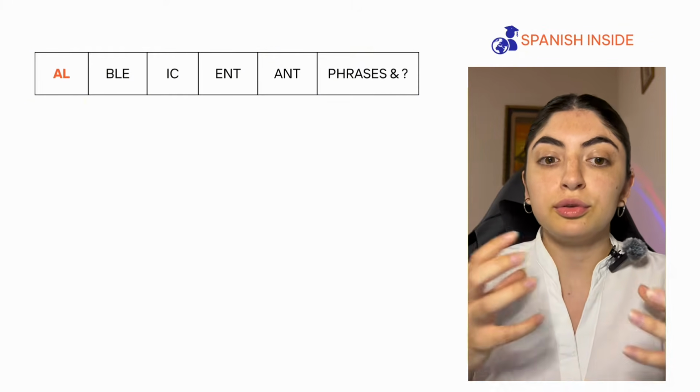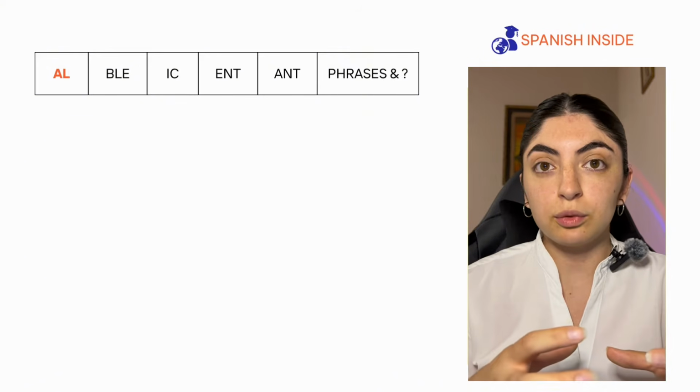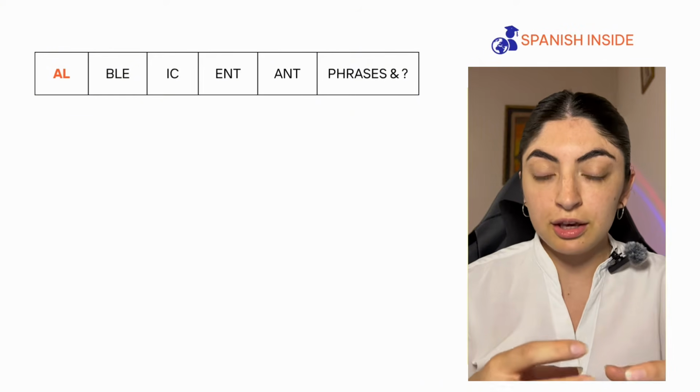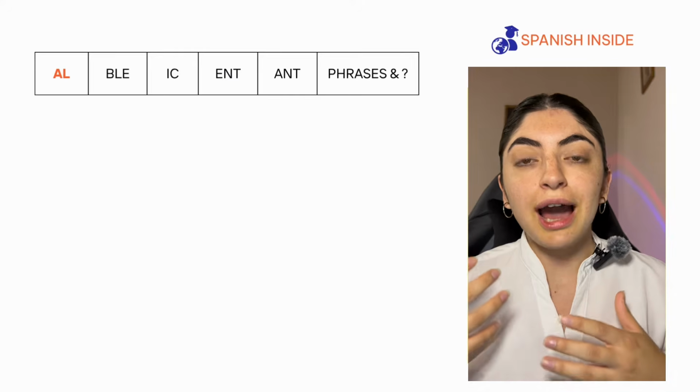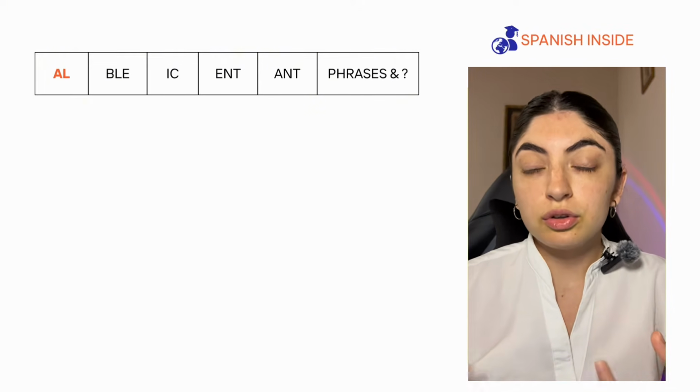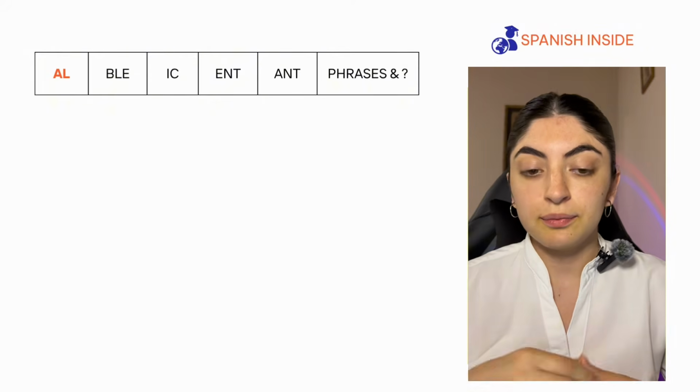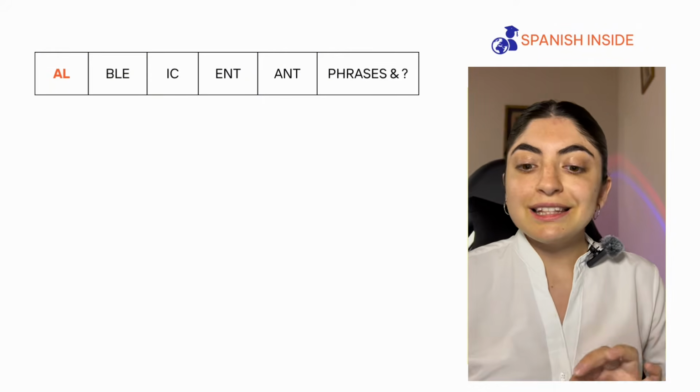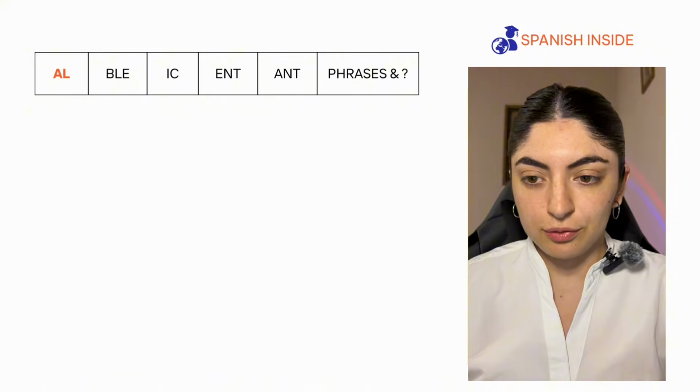And we're going to use these words that we will learn today to learn how to create phrases in Spanish and also, why not, questions. Okay, so let's start right now.